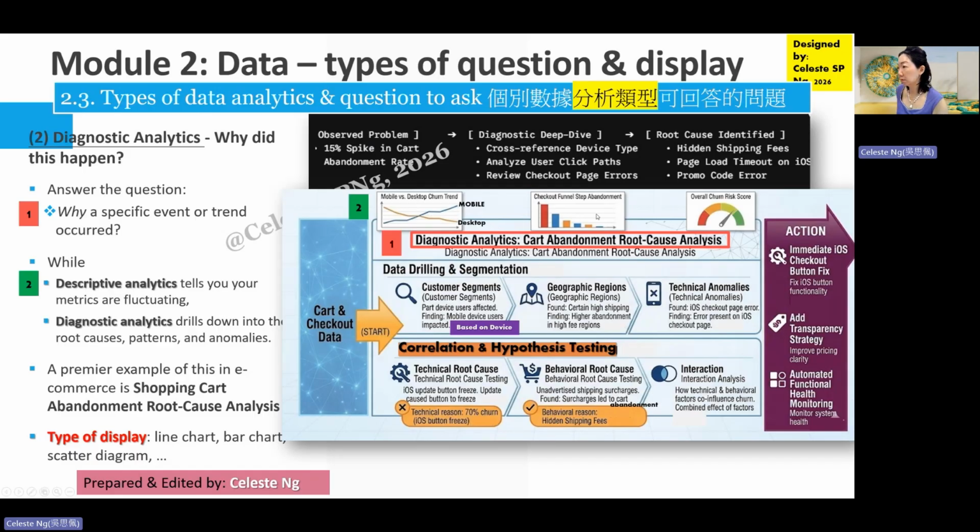Then in this bar chart, we can see that the checkout funnel is decreasing. And here is the meter chart showing the overall churn risk score, which could be alarming.